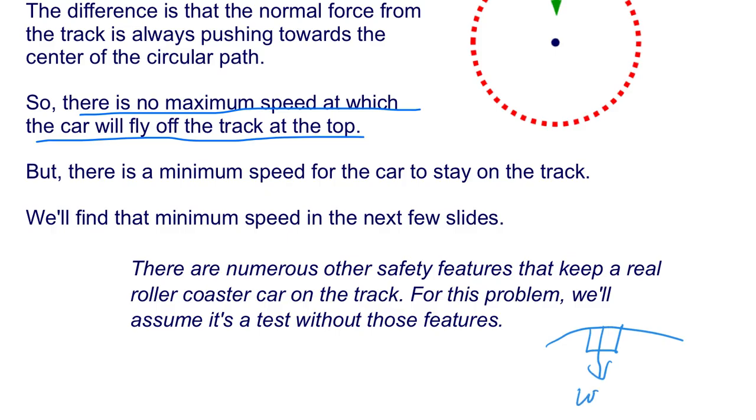Now, if you're going fast enough, you're smushed against that seat. And you also have the normal force, but this is weird. The normal force is the seat pushing up against you, but you're upside down, so when the seat's pushing up against you, it's pushing downwards from our point of view here. So the centripetal force, or the net force, is adding these two, the apparent weight plus your weight.